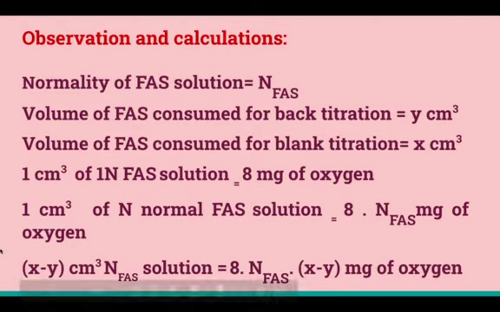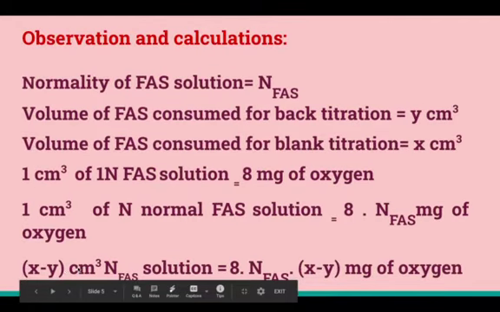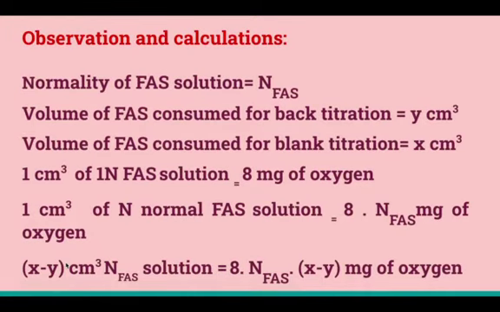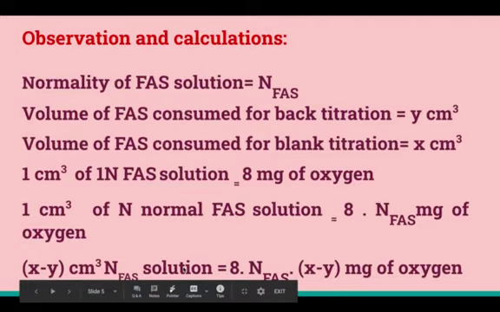So X minus Y cm³ will give the amount of potassium dichromate that has been used up for oxidation of impurities. So X minus Y cm³ of N normal FAS solution is equal to 8 into normality of FAS into X minus Y milligram of oxygen.